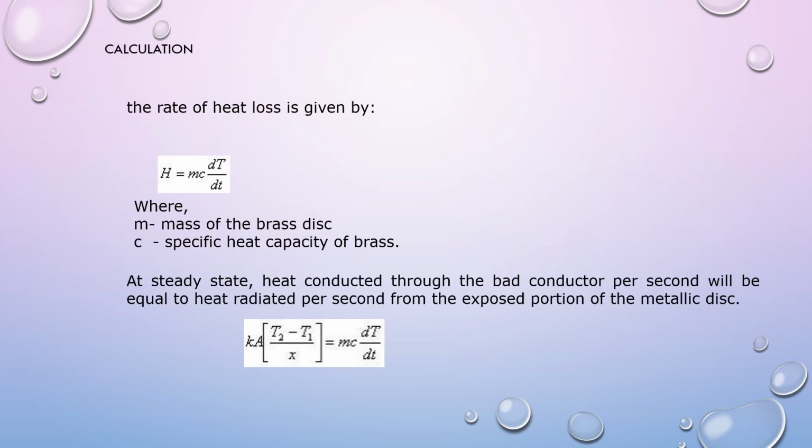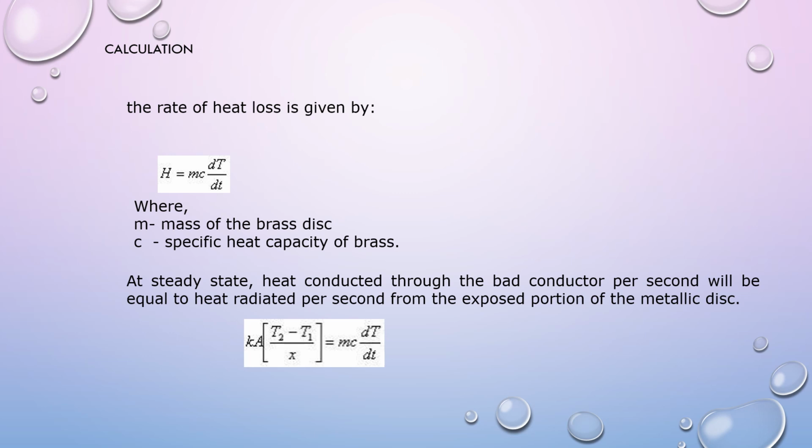The rate of heat loss is given by H equal to mc into dθ by dt, where m is the mass of the brass disc, and c is the specific heat capacity of brass. At steady state, heat conducted through the bad conductor per second will be equal to the heat radiated per second from the exposed portion of the metal disc.